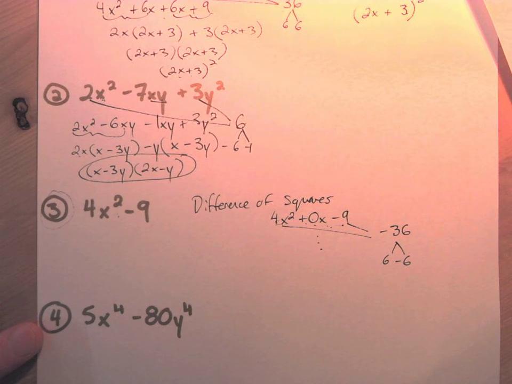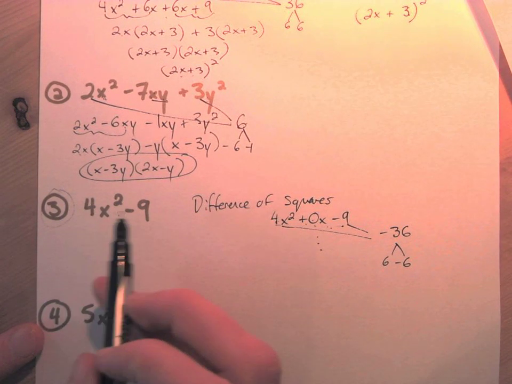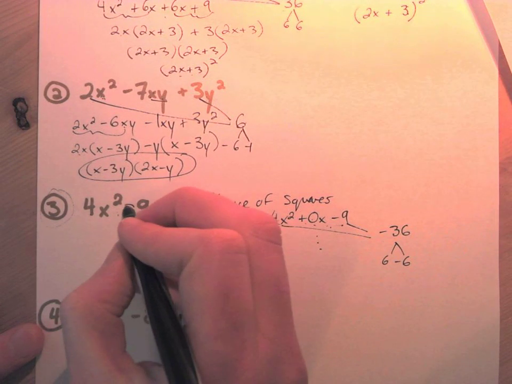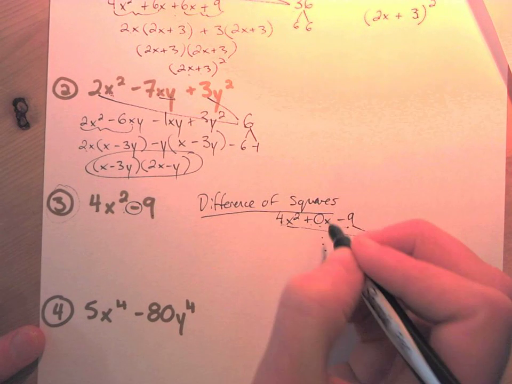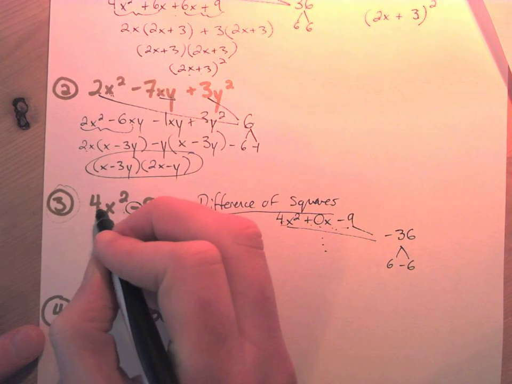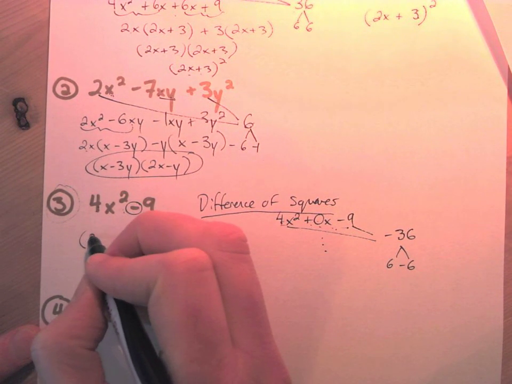But the one thing that you can also do with this question is you notice that's a square number. That's a square number. That's a negative sign, and there's only 2 terms. That's when you know it's a difference of squares for sure. And you can just go square root of this, which is 2.